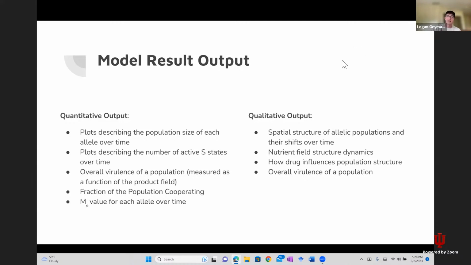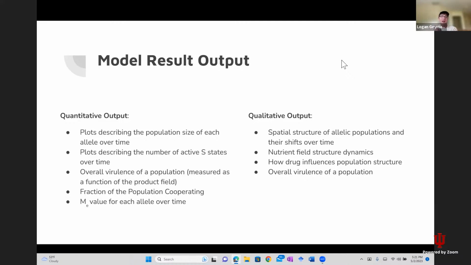And then quantitatively, to mimic the in vivo data we had been seeing, we wanted plots describing population size over time, and going hand in hand with that, the fraction of the population that's actively cooperating. It says fraction of the population cooperating, but that doesn't necessarily mean they're quorum sensing. It just means they're either the wild type or unconditional, because those are considered cooperating cells.